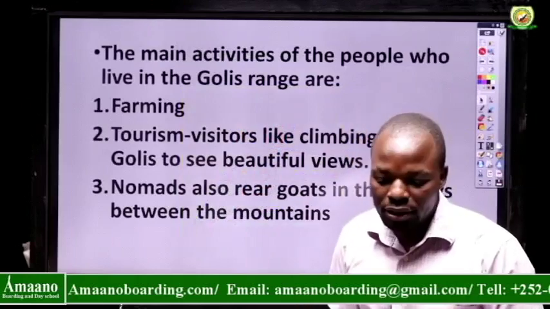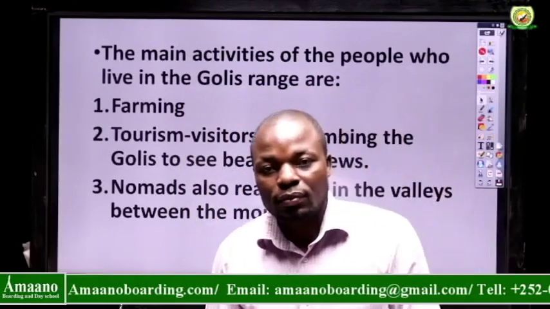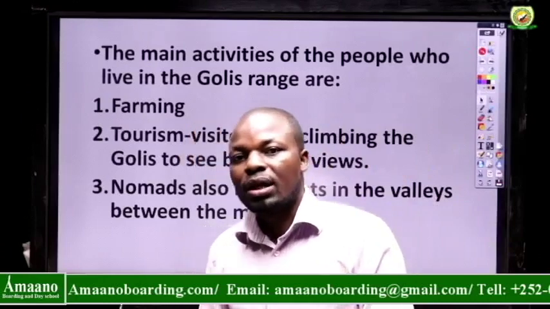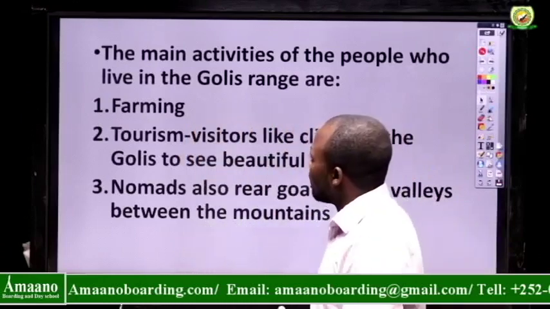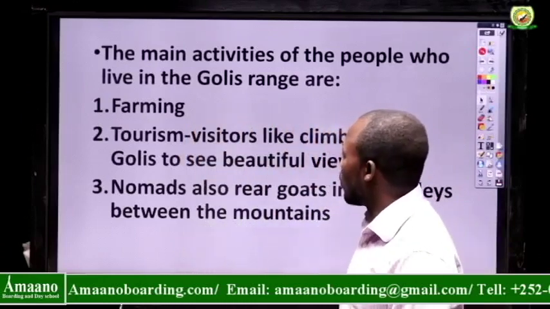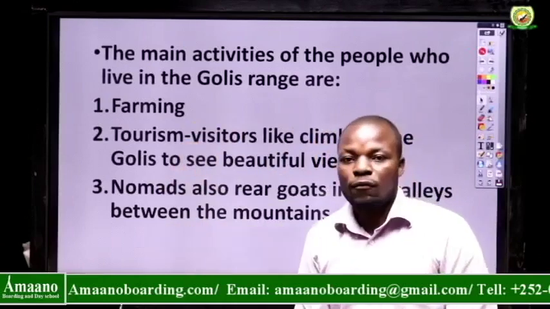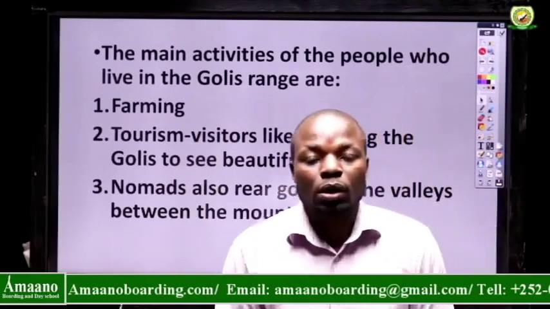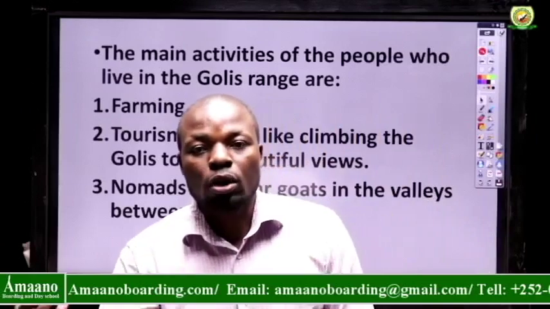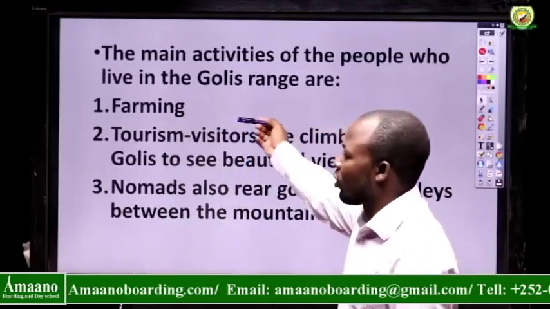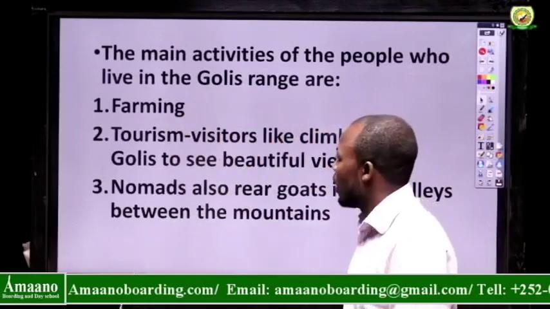Now, we shall look quickly at the main activities of the people who live in the Golis range, because there is grass and it has slopes that sometimes receive rain. The main activities are, one, farming. Farmers are people who keep livestock and grow crops. Farming takes place here. We also have tourism.